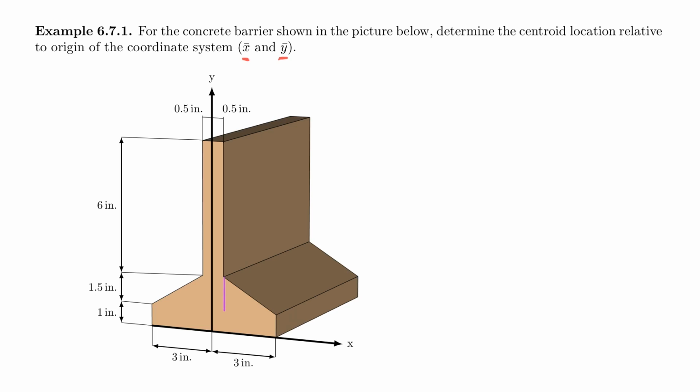And I could, for example, do it like this. So I have a vertical component, and then I have this horizontal component on the bottom, which would run from here to here. And this would be an absolutely okay way to discretize this image.